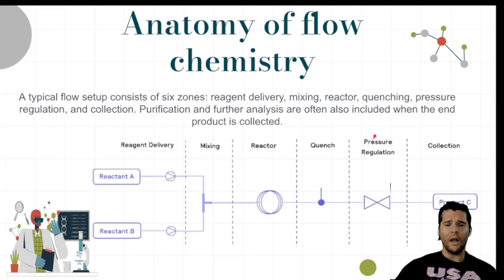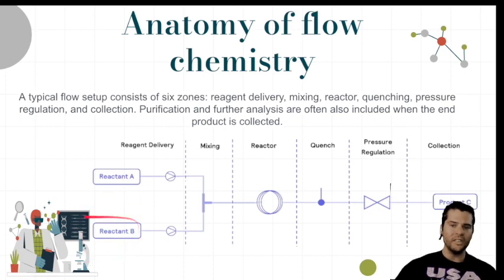So let's talk about the anatomy of flow chemistry. A typical flow setup is going to consist of 6 zones: reagent delivery, mixing, reactor, quenching, pressure regulation, and collection. Purification and further analysis are often also included when the end product is collected. In this case, that's going to be the isolation of CBD. So this is going to differ a little bit.